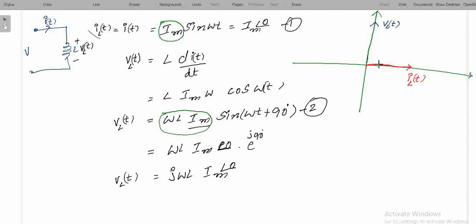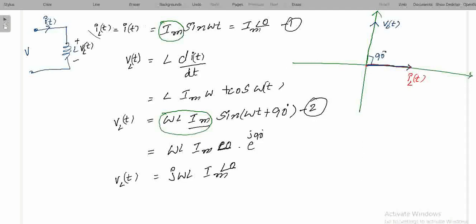Now observe, if this is your phasor for IL of t, then VL of t is leading by 90 degrees. So this is your 90 degrees.